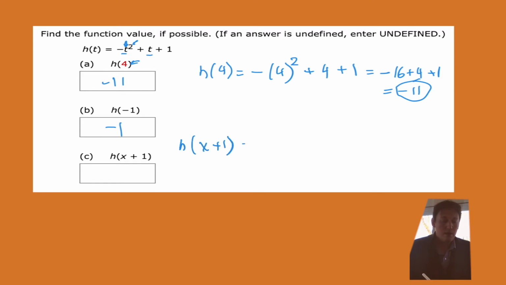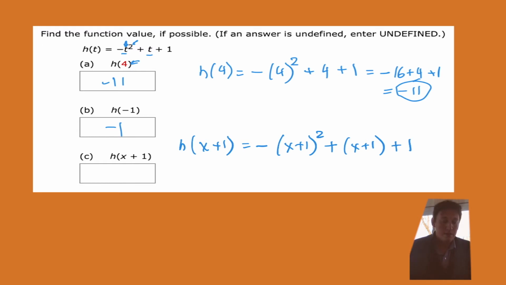So again, the negative comes down from the formula. Instead of t, I'm going to write x plus 1 squared, plus t again is x plus 1. I'm going to put that in parentheses just in case this was negative. You have to remember to distribute through. So just keep that in mind. And then plus 1 comes down from the formula again.